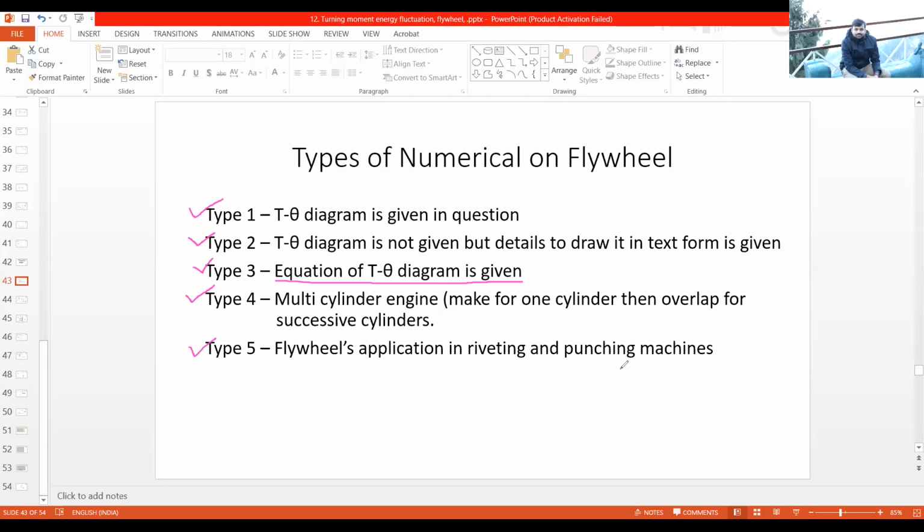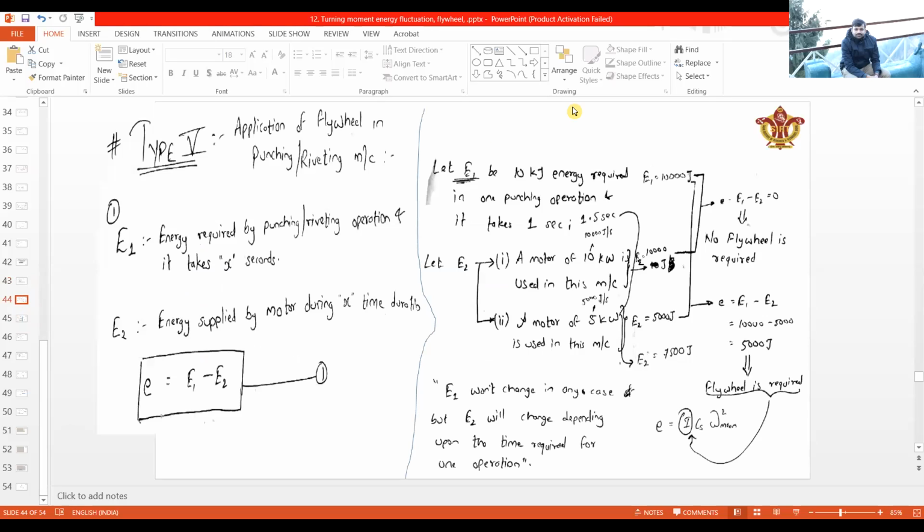So how those numericals are formed and what the approach is in that, we already saw in the previous classes. Just let's revise them quickly. This is what we discussed: E1 would be the energy that is required by the punching or riveting operation. And another important parameter, that is the time, comes into the picture.